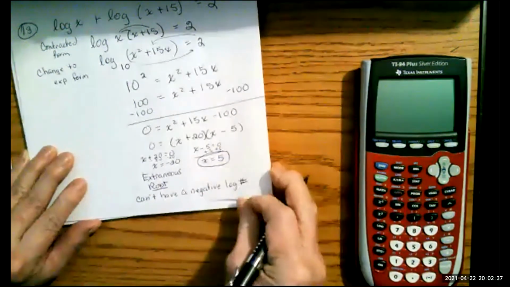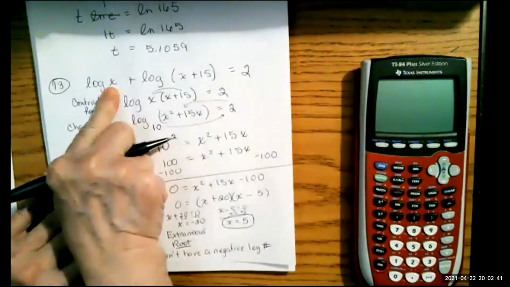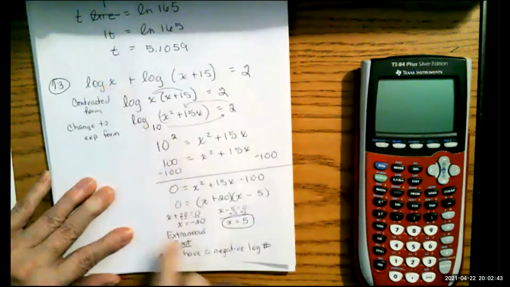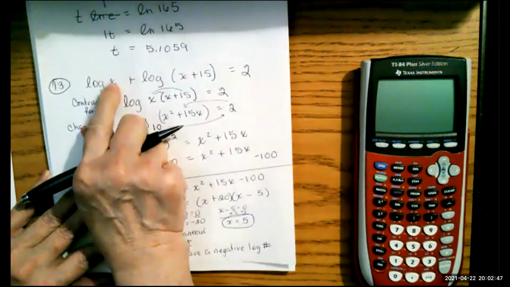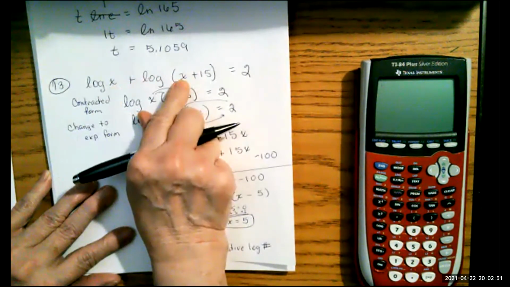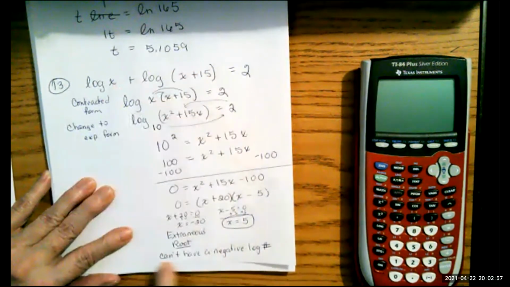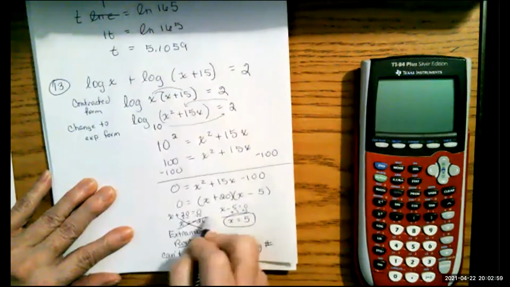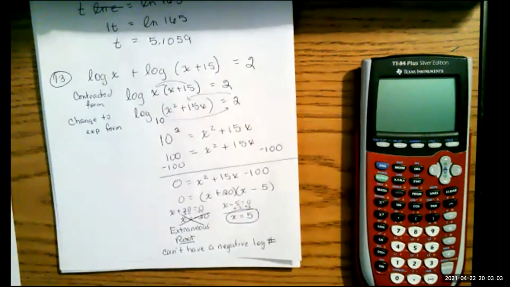If I put negative 20 back up here where this x is, that's going to make that negative 20 right there. It's also going to make this one negative 5. So the big log number can't be negative. So this is an extraneous root. You can't use it in the problem. So your only answer is x equals 5.